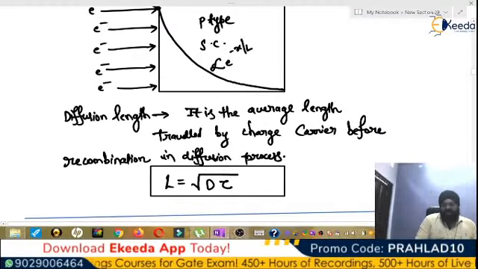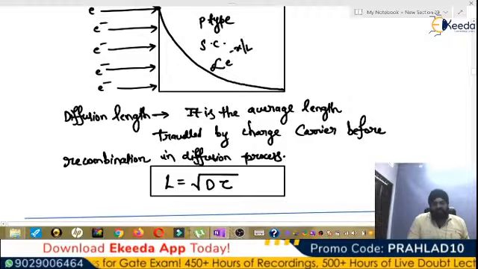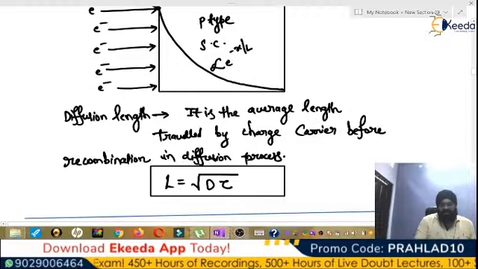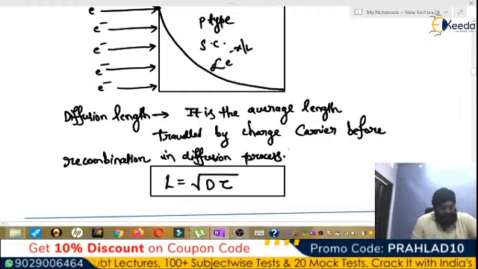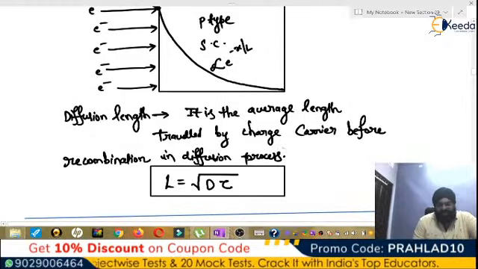And here is the length of diffusion, or it is also called diffusion length. It is the average length traveled by charge carriers before recombination in the diffusion process. When the diffusion process occurs, recombination continuously takes place, right?